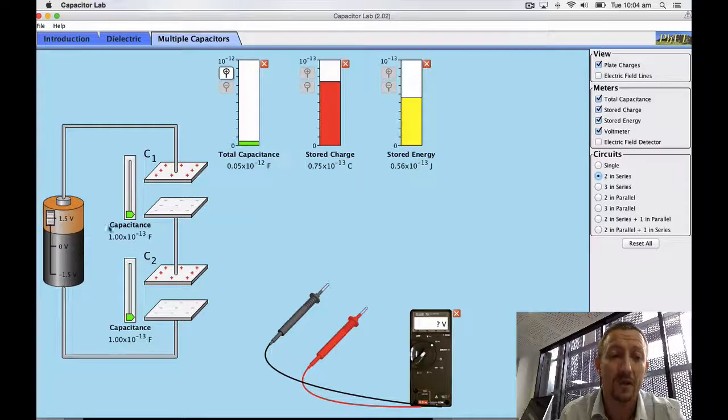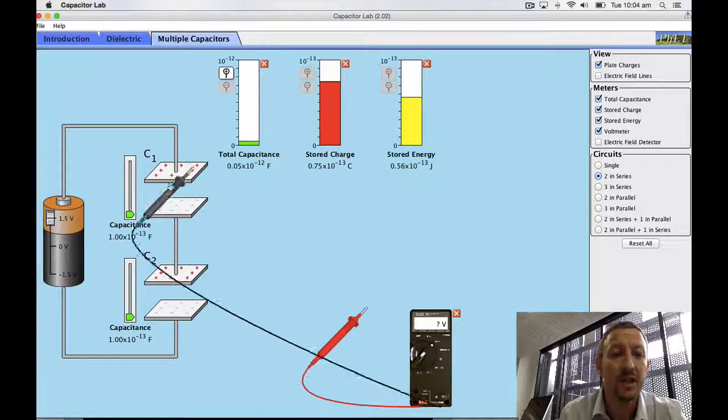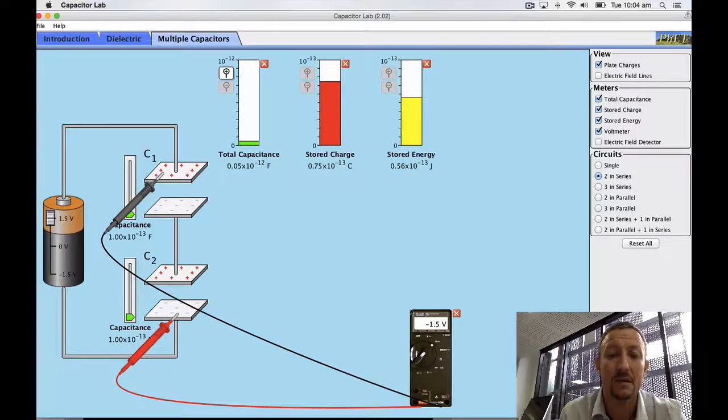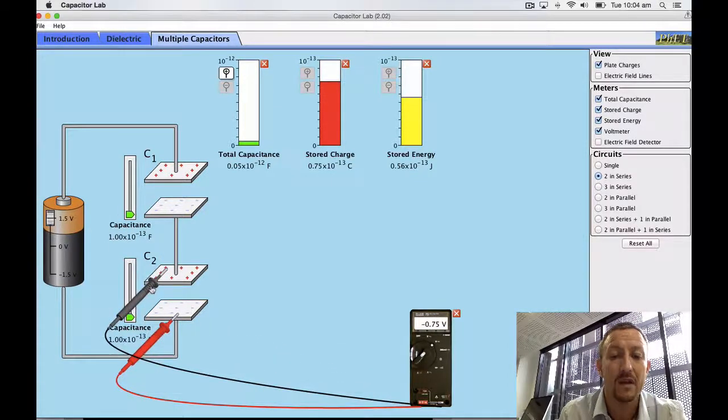Now, what else do we know? Well, we know we've got 1.5 volts across here. If I check my potential difference across the two capacitors, I also see that I've got 1.5. However, if I check it across the individual ones, we can see that we have changed the amount of voltage and we've halved it.